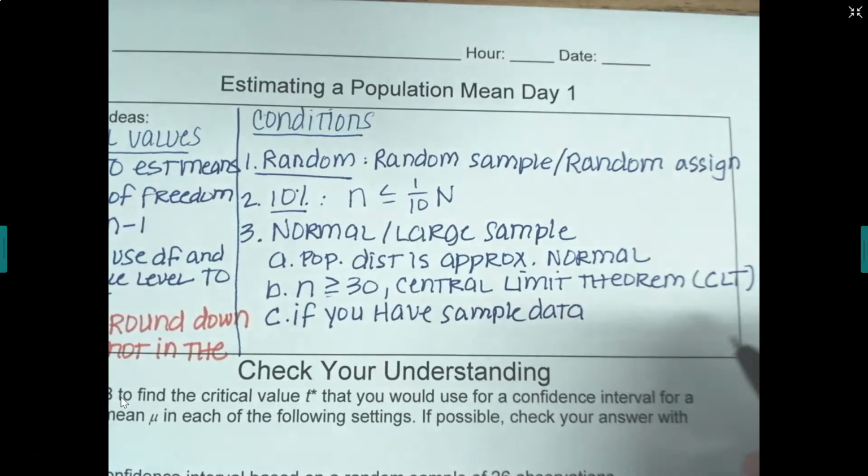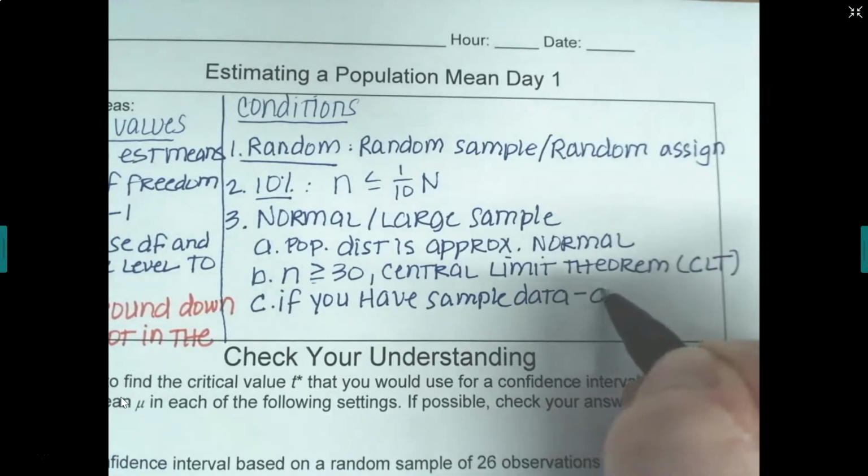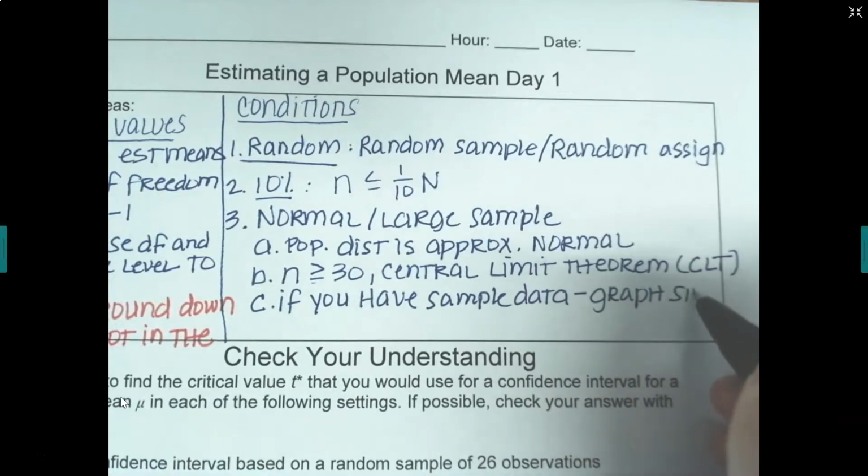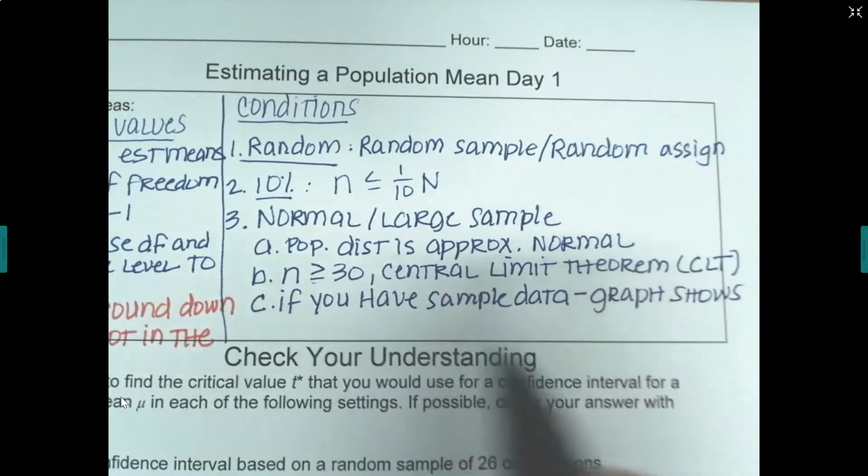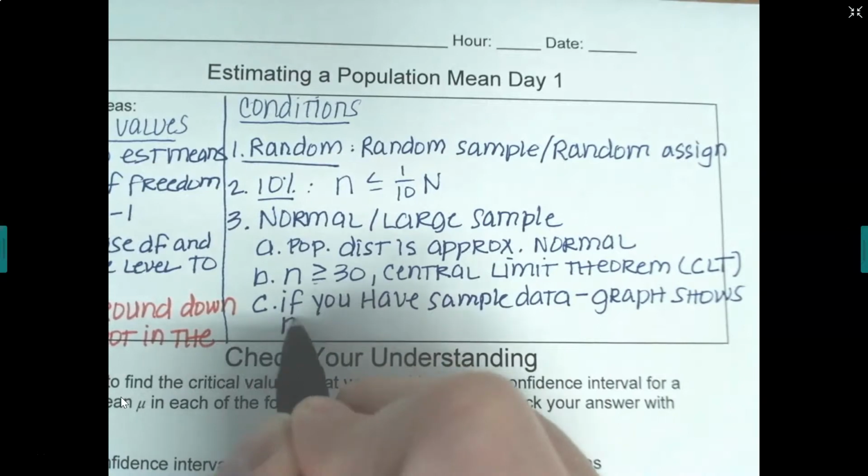this is your last resort, okay? You need to examine a graph of the data, so you would need to put it into your calculator and take a look at the graphing of it. And you want to see that the graph shows no strong skew or outliers.